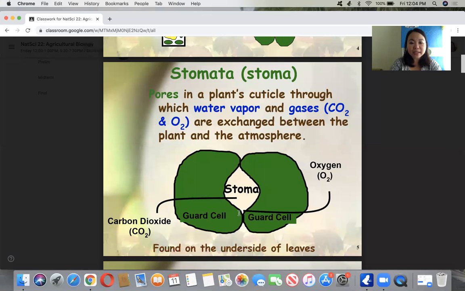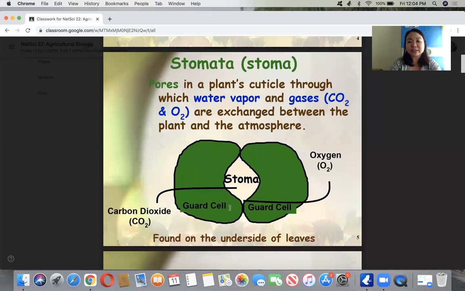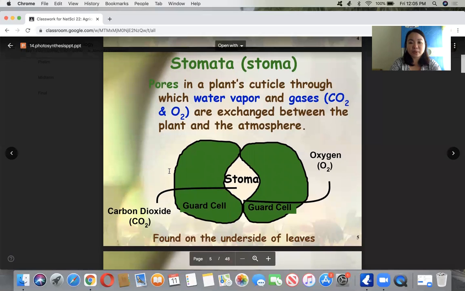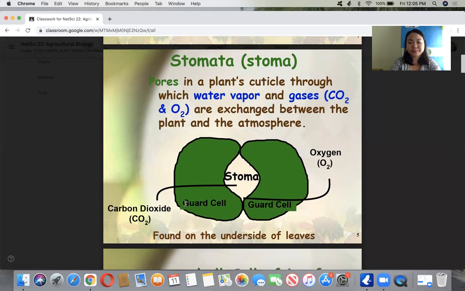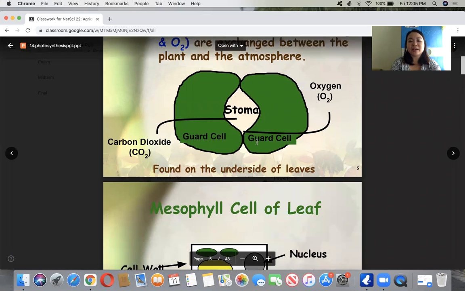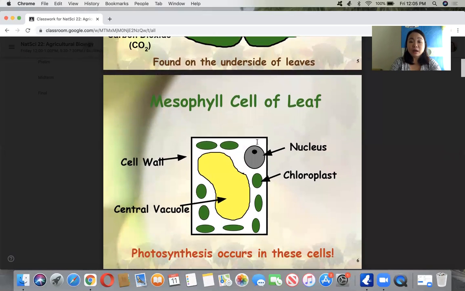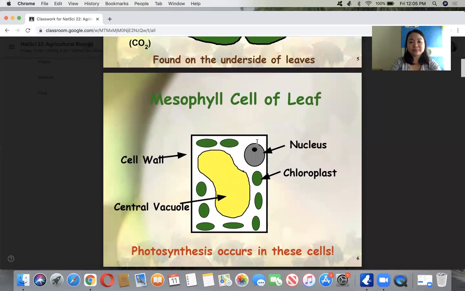So this part here is where photosynthesis starts, with the exchange of carbon dioxide and water vapor. As we all know, the ingredients to produce glucose are water and carbon dioxide, which are found more on the underside of the leaves.